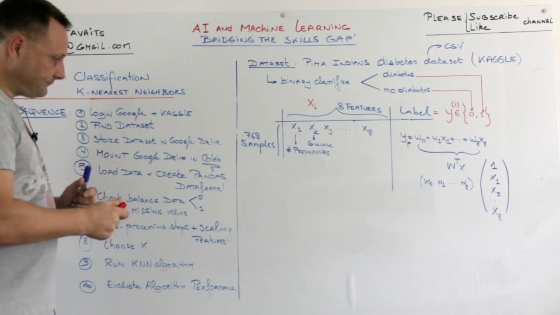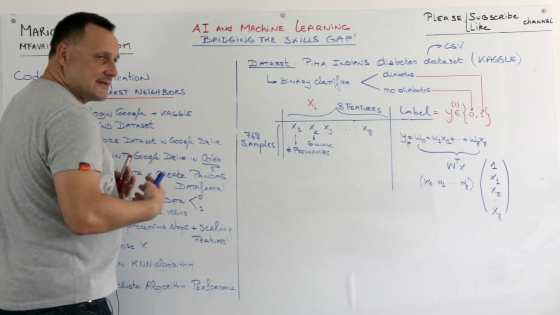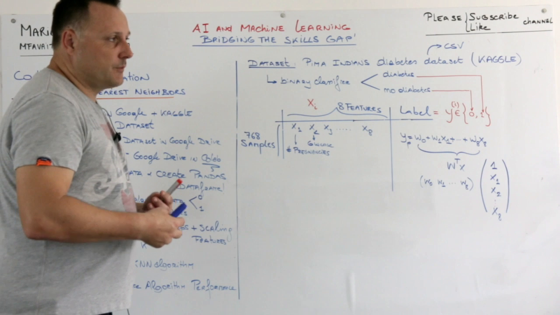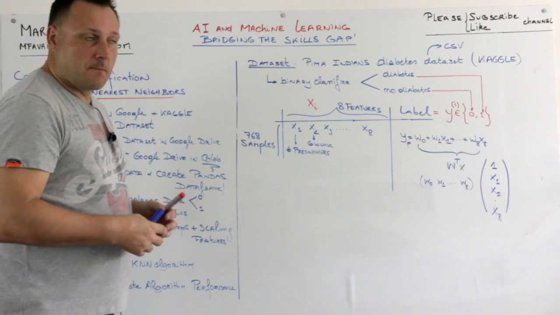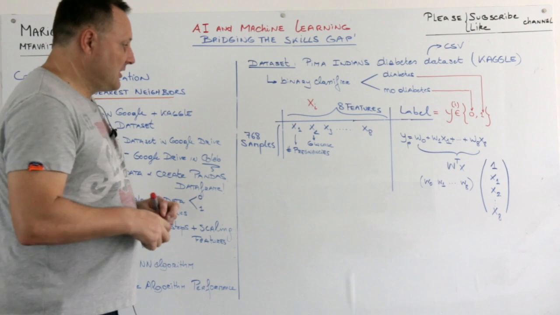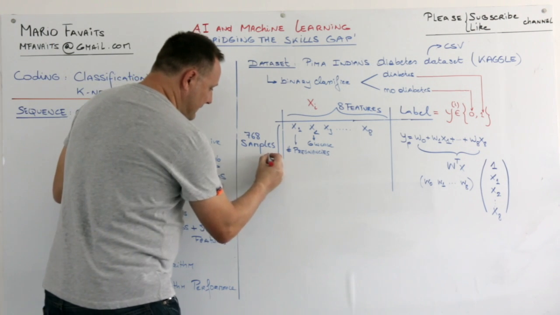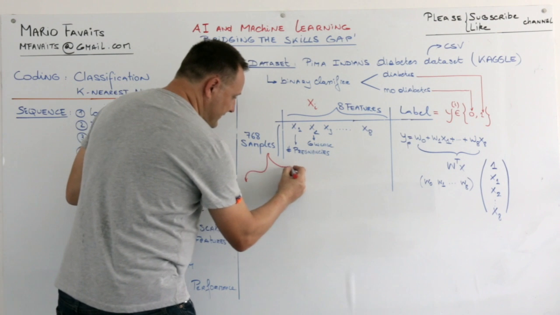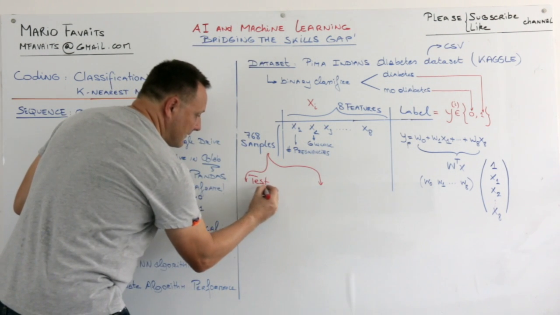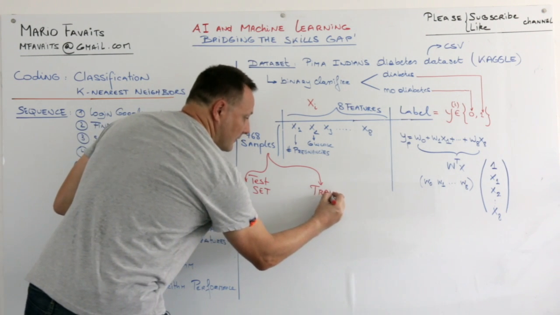One last thing. We've not seen this, but after training your model, what we will do is test the model. And testing happens on unseen data. So what we're going to do is split the 768 samples into a test set and a training set.